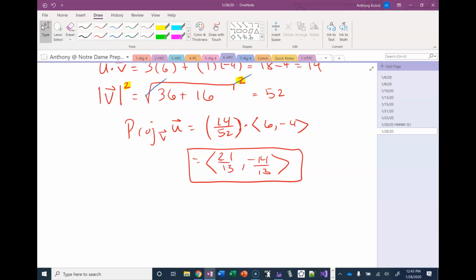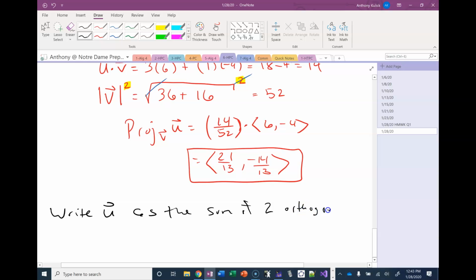What if, using the same vectors u and v, I asked you to write u as the sum of two orthogonal vectors, one of which is that projection of u onto v.